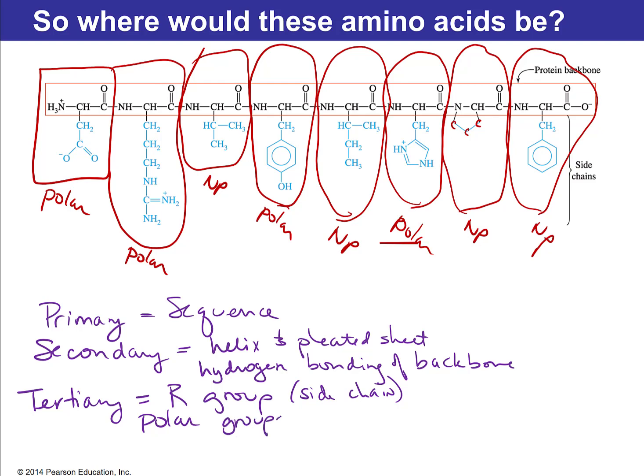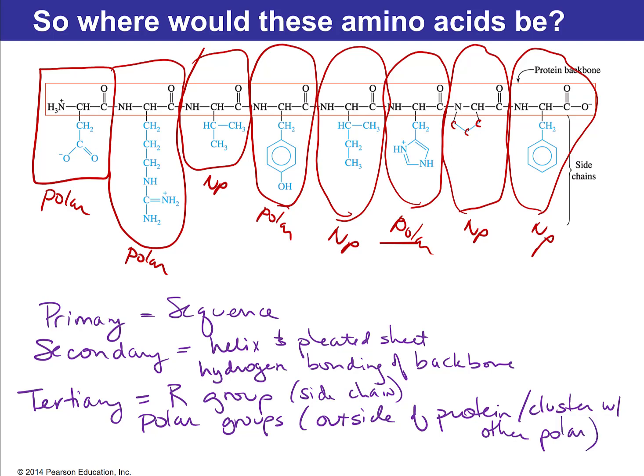So polar groups will bend and fold to the outside of the protein, or they may cluster together as long as they're around other polar molecules. Non-polar groups, though, are not going to be on the outside.